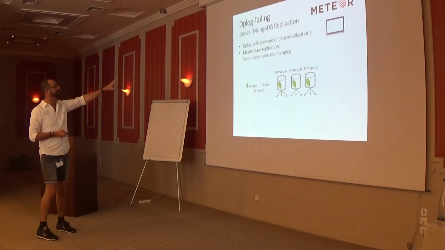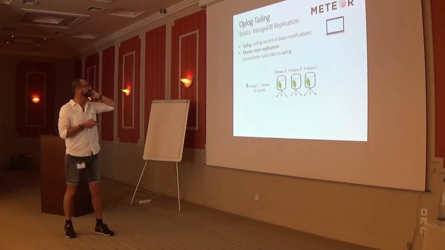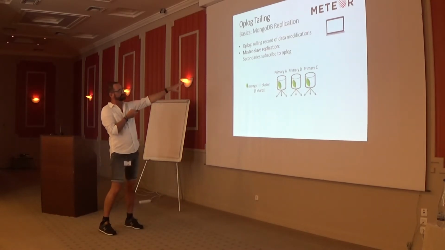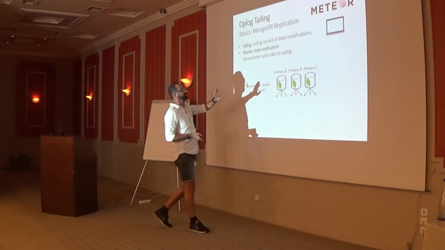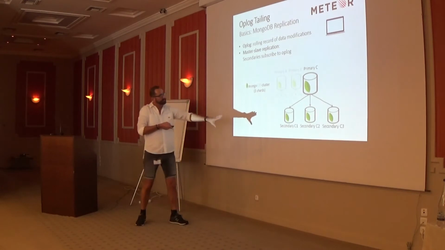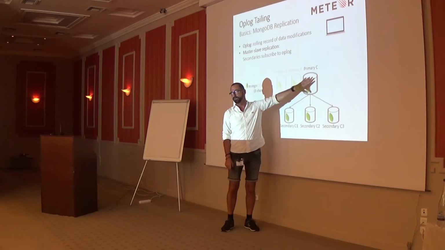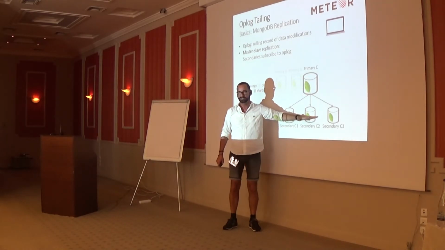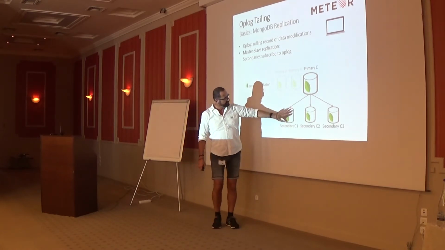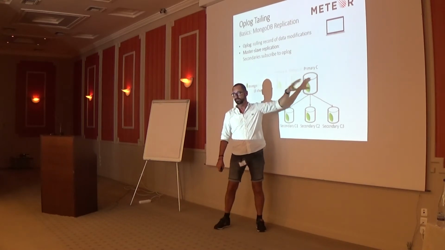Okay. So the next approach, they realized that this is not very good, and the next approach is called log tailing. What they do is they use the MongoDB replication, which is a master-slave replication. So you have primaries, masters, and secondaries subscribing to one of the primaries. That means the master, as soon as an object is updated, needs to propagate the changes to the copies of the data. They do this by making the secondaries subscribe to the operational log of the primary.